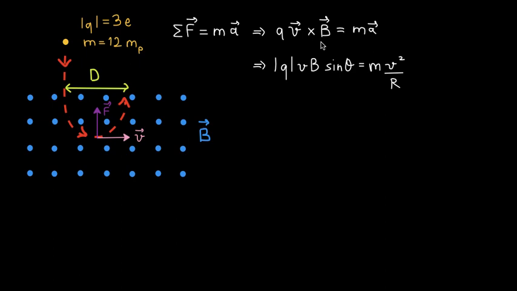So then the force vector is perpendicular to the velocity vector. And because this is circular motion, the force vector also needs to point inward towards the center of the circle, right? So in circular motion, force, net force, or acceleration don't have to be perpendicular to the velocity vector necessarily.